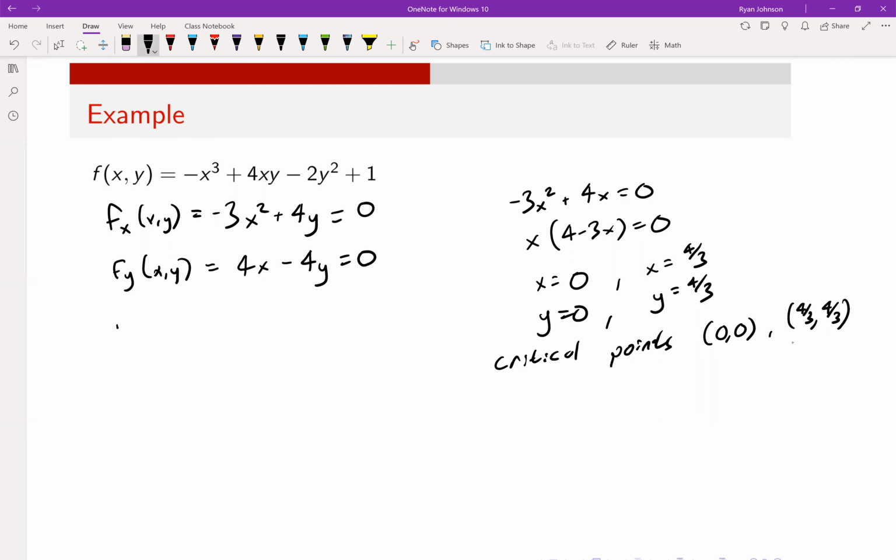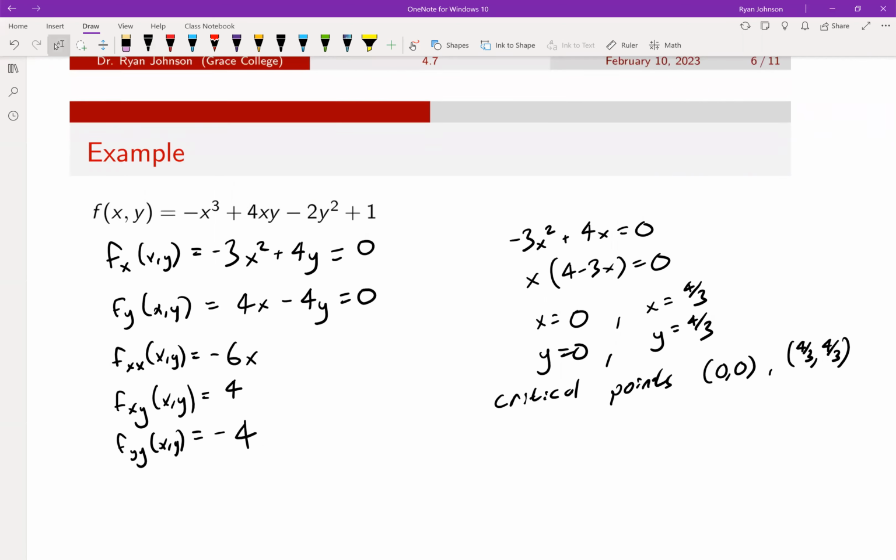So then if I have fxx of xy, well, that's equal to negative 6x, and fxy of xy, well, that's equal to 4, and then fyy of xy, that's equal to negative 4.